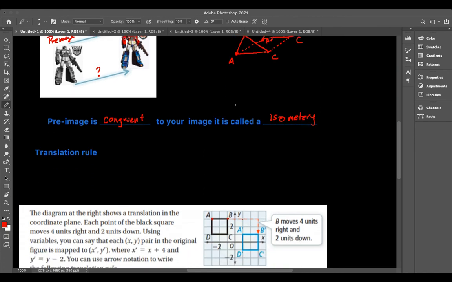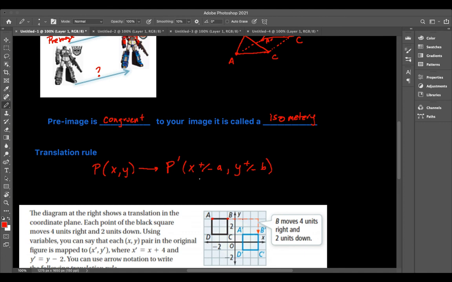So there's a rule in translation. What is the algebraic rule that we're going to have to write down? Whenever you have a translation, you're always going to write P, that would be the pre-image, (X, Y), whatever that coordinate point is of that letter, is mapped to P prime, because we already said mapped to the image, (X plus or minus A, Y plus or minus B).